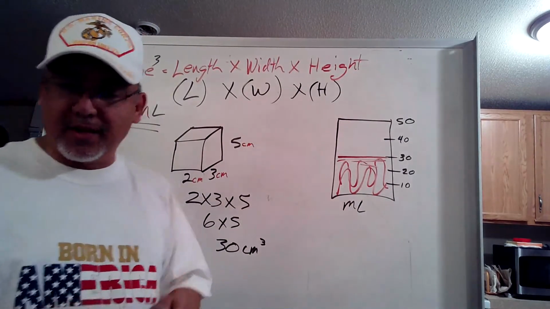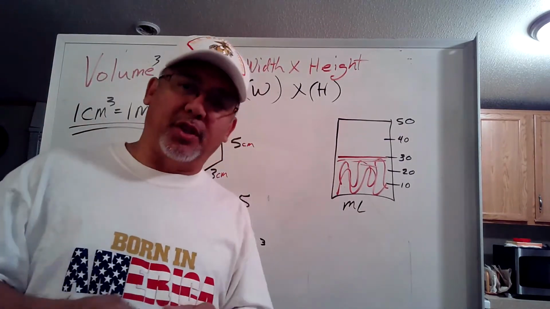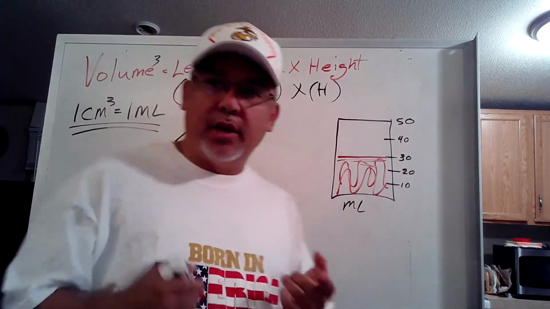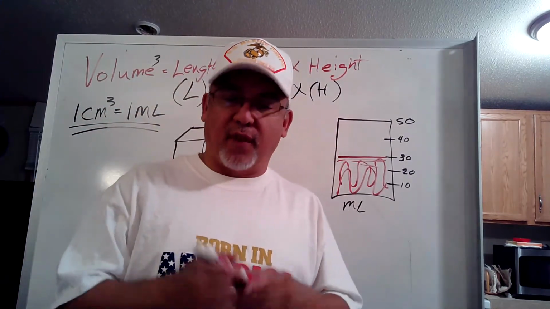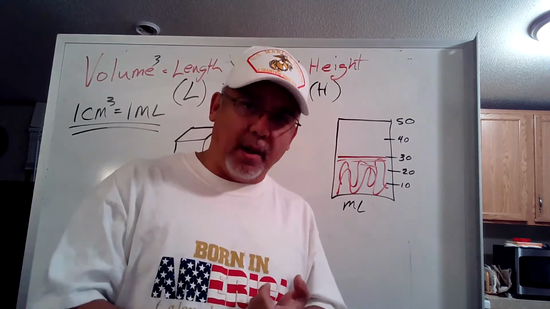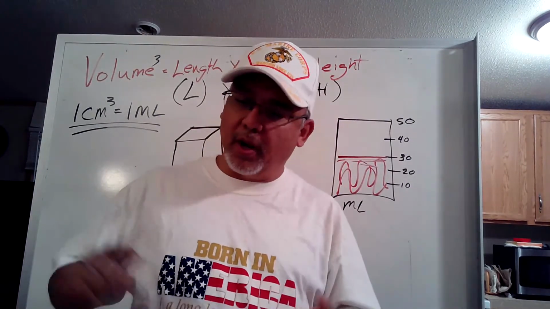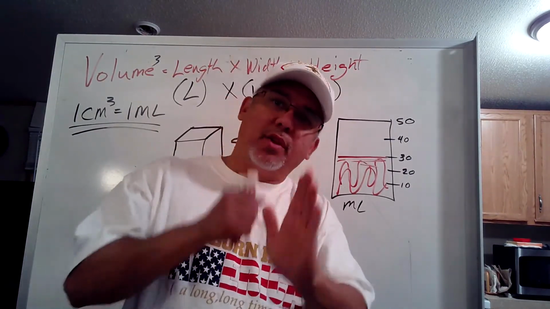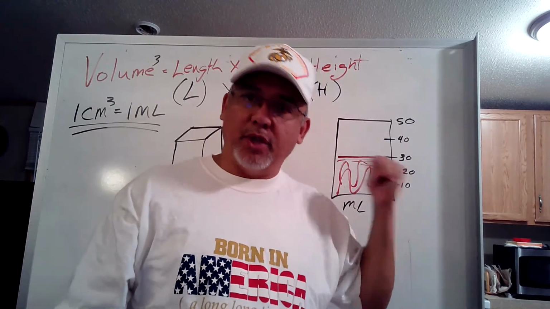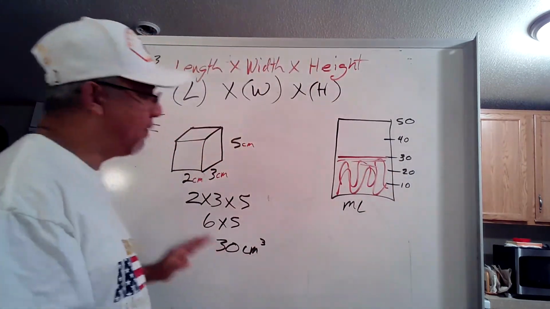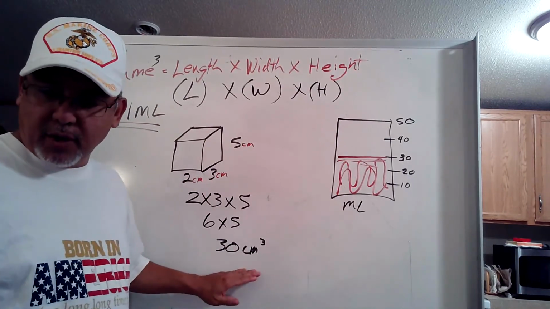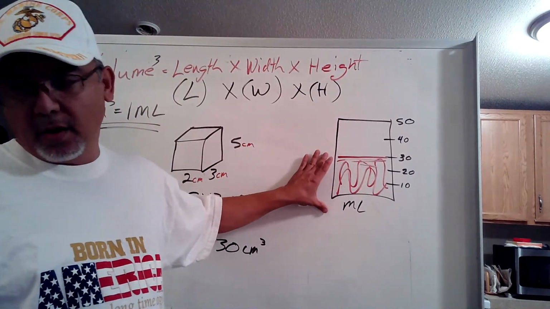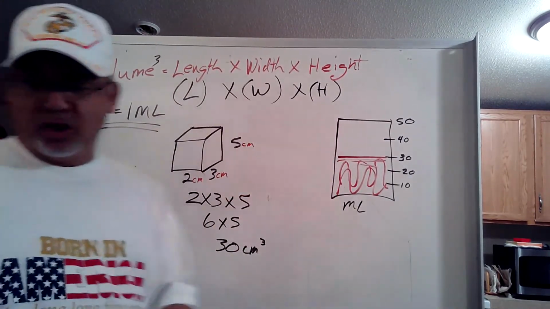They're equal because if you remember when we talked about the metric system, we said King Henry died unusually drinking chocolate milk, and that the U stands for unit, and it could be gram, meter, or liter, and the numbers can be whatever they want, and you could change out those labels. And that's what we did. We changed out our labels. We had the same number, 30 cm³ here is equal to 30 mL over here. Just like that.